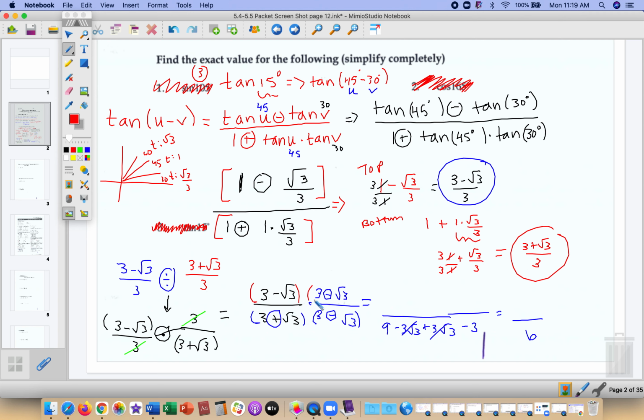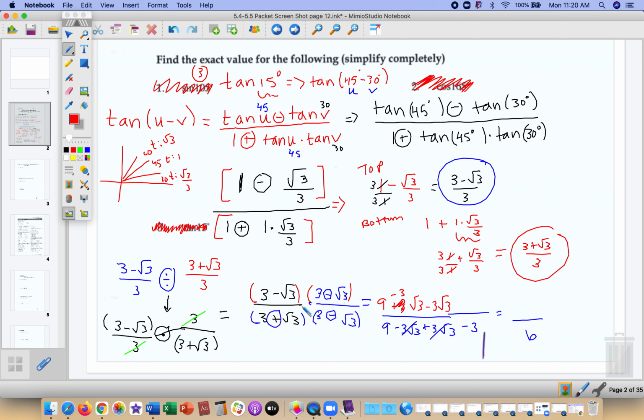Now let's work in the numerator. So we have to FOIL. 3 times 3 is 9. 3 times negative root 3 is negative 3 root 3. Oops, this should be a negative. Negative root 3 times 3 is negative 3 root 3.